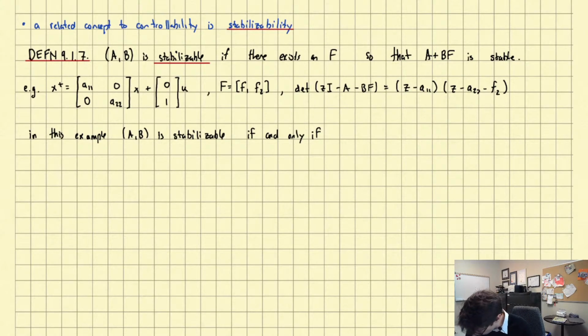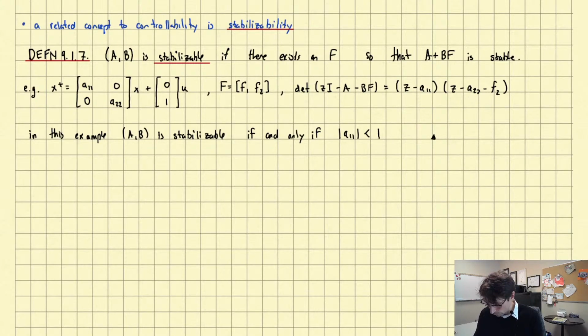If and only if the magnitude of a11 is less than 1. Okay? So this kind of illustrates the idea of stabilizability, right? We might still be able to stabilize this system, but it depends on the part that the control can't affect. It depends on that already being stable. Okay?